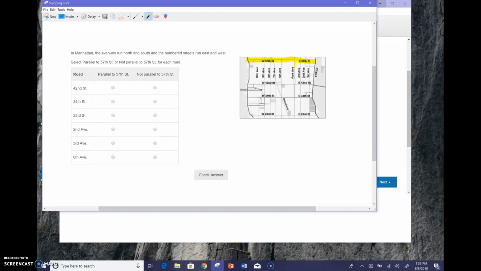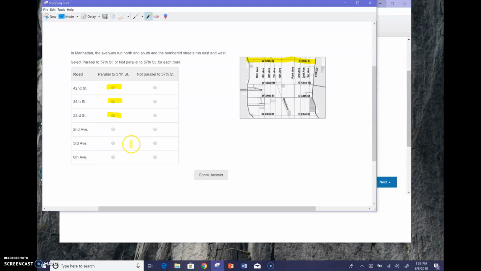And so we're looking for parallel. So we need to know if it runs east to west. So the streets run east to west. So streets are going to be parallel. 42nd Street, 34th Street, 23rd Street, all run parallel. Also run east to west.